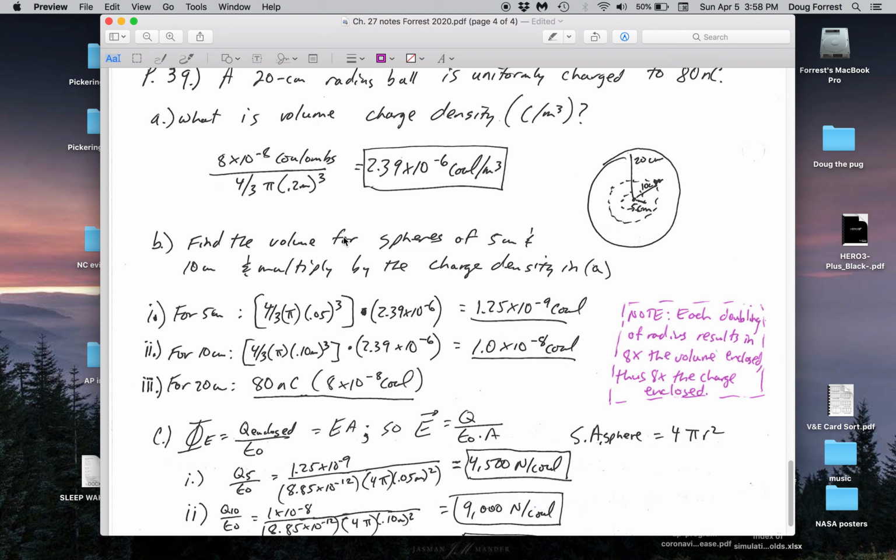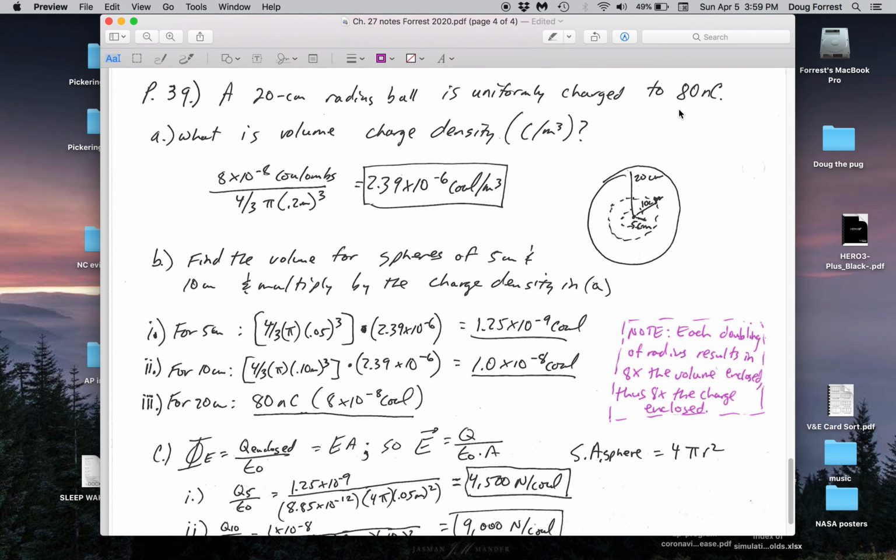So if we find the volumes of the spheres for 5 and 10 centimeters and multiply those by the charge density, we can find the field enclosed at 5 and 10 centimeters. For 20 centimeters from the center, it's just enclosing all the charge, which we've told you is 80 nanocoulombs.